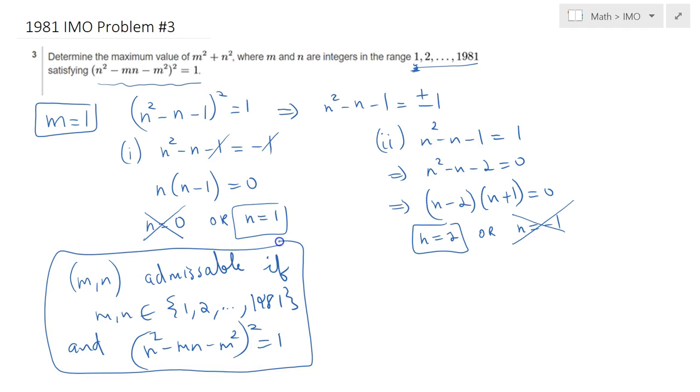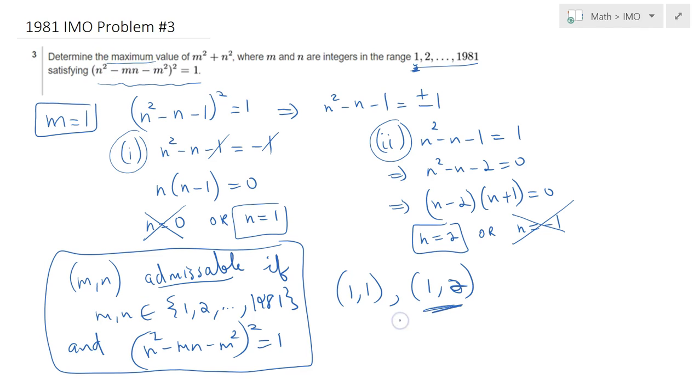For that reason, for instance, in our particular case, (1, 1) would be an admissible pair under this case work, or we can also have mn would be (1, 2), which is another admissible pair. So far we have two solutions, and the largest of these is (1, 2).